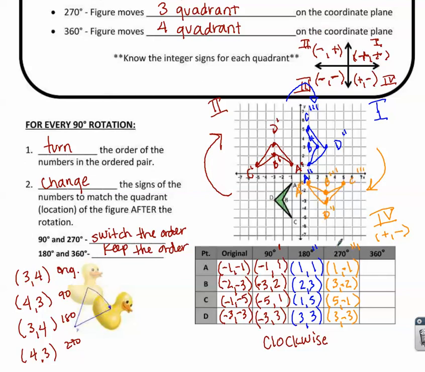Make sure you have the appropriate number of apostrophes for each turn. For example, 270 degrees, that is my third figure that I've put on the graph, so you should have 3 apostrophes. And once you go back to the original, so 360, that's going to put you back in the third quadrant where all your signs are negative, which is the same as the original.